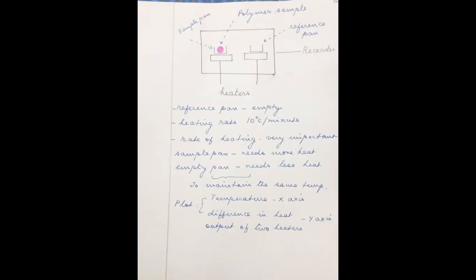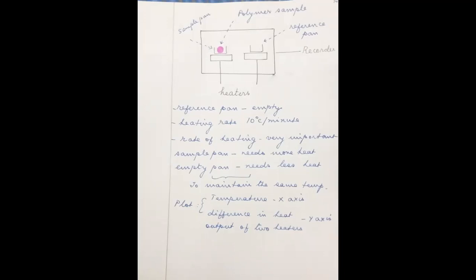The rate of heating is very important because the sample pan needs more heat, whereas the empty pan needs less heat. You are supplying heat energy to both the pans simultaneously, but when you note down the temperature rise in the empty pan and in the sample pan, according to the concept of heat capacity, what is the quantity of heat energy required to raise the temperature of a body by 1 degree?